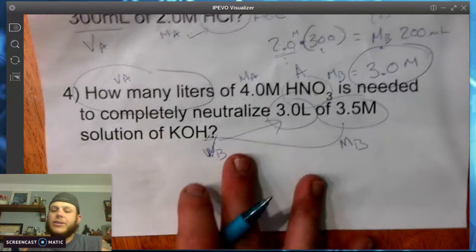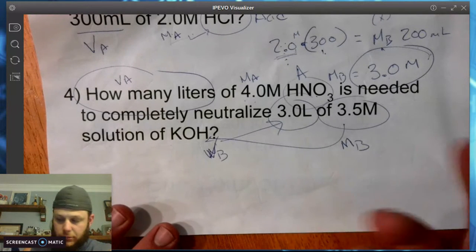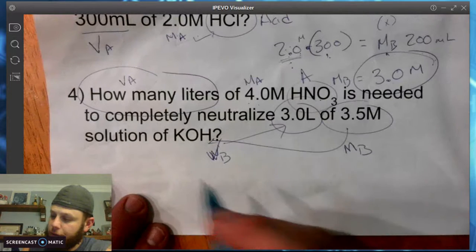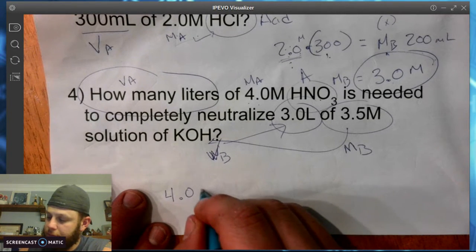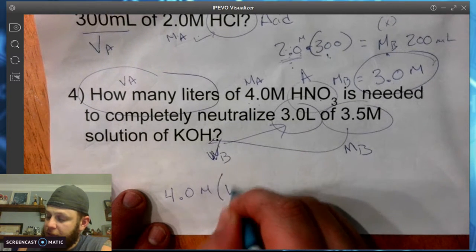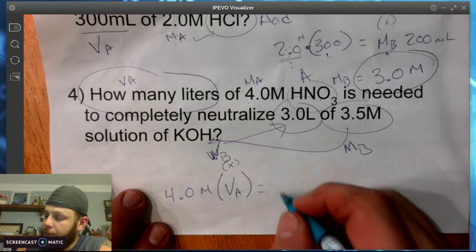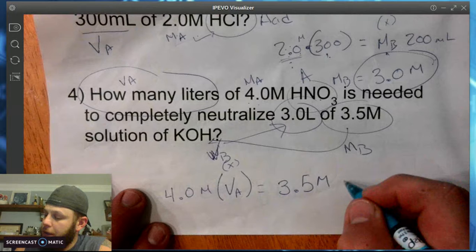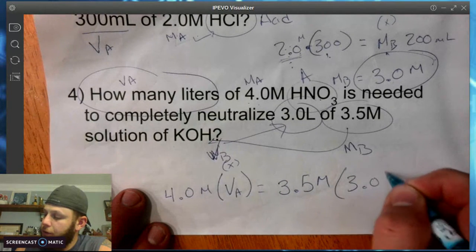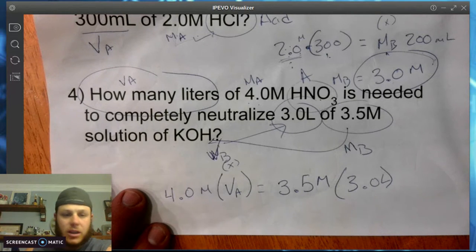If you do that, then it's just simple cross multiplying and dividing, or simple algebra really. I'm looking for the volume of the acid. I have the molarity of the acid as 4.0, times the volume of the acid, which I don't know, also known as X, equals the molarity of the base, 3.5 molar, times 3 liters. You can do it in either milliliters or liters; whatever's given is fine.